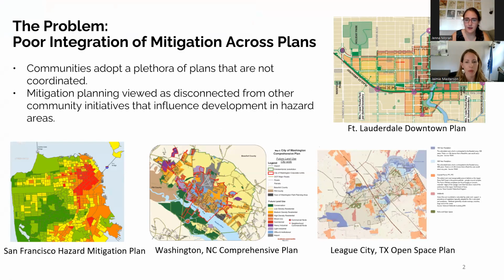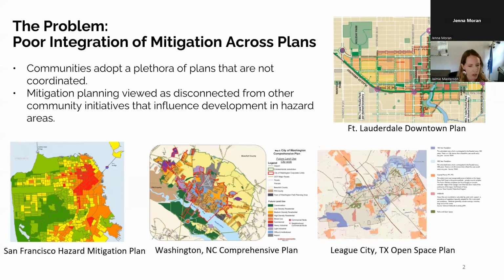Again, probably many of you on the call, I would imagine, are responsible for some type of planning, or you're within a community that has a number of different plans. What we've seen over the years is that communities are doing a lot of planning, and they're doing so much that they almost have a plethora of plans problem, and they lack coordination.